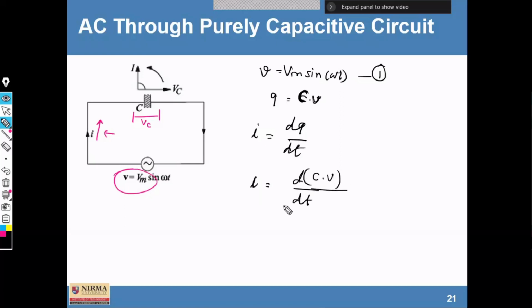And finally, we can get the equation of current by inserting the value of voltage here. The equation of voltage is Vm sin omega t. C is the constant, so I equals C d by dt of V, where V is replaced with Vm sin omega t.